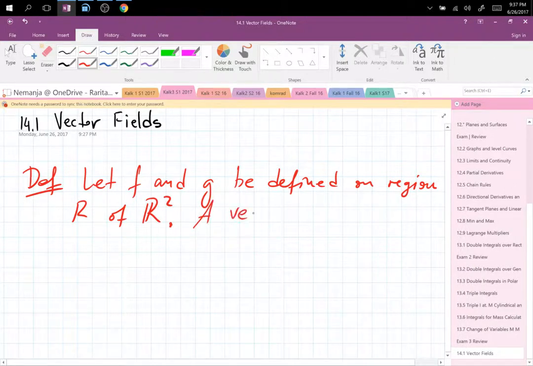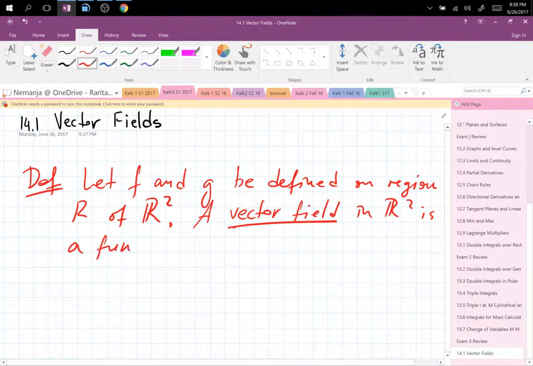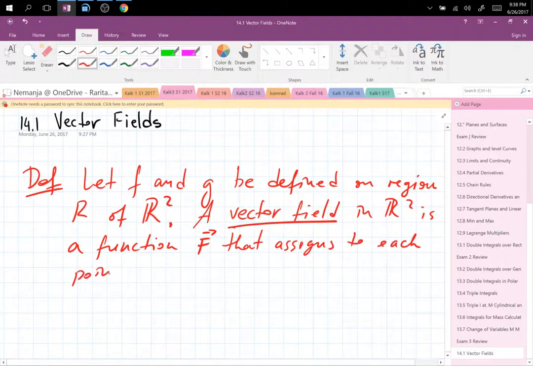So a vector field in R2 is a function, capital F with the arrow above because it's a vector, that assigns to each point of R a vector f(x,y), g(x,y).